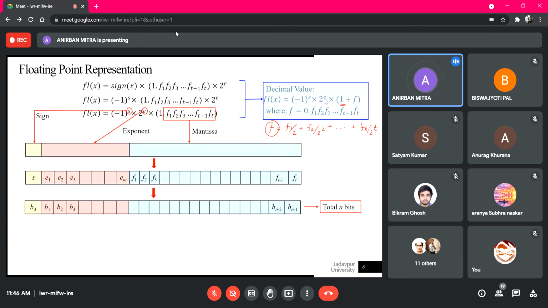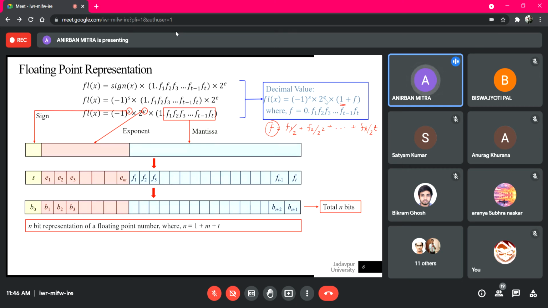So it quite clearly means that n is equal to 1 plus m plus t. This is known as the n-bit representation of a floating point number. But remember here that we have not yet attached any specific values to it. So what should be the value of m, or what should be the value of t?